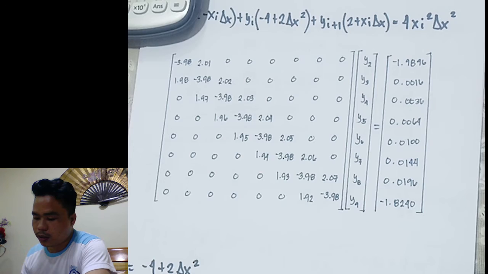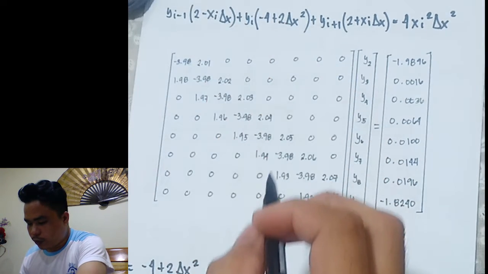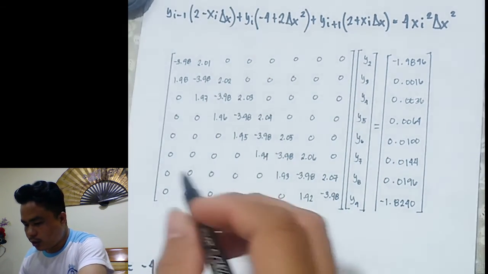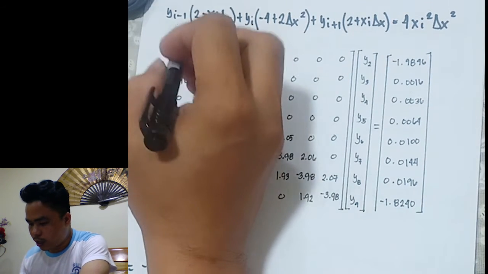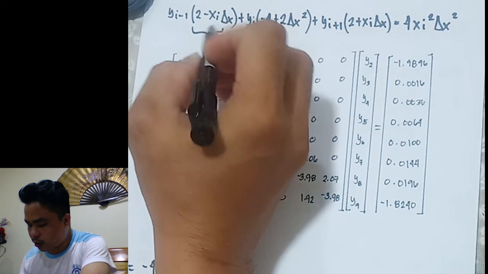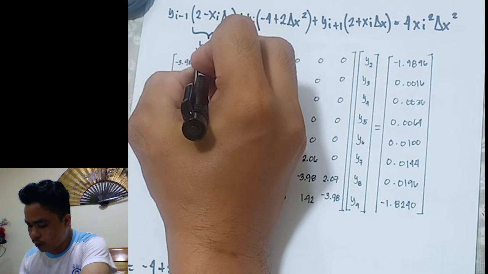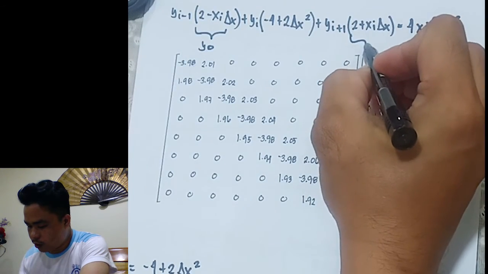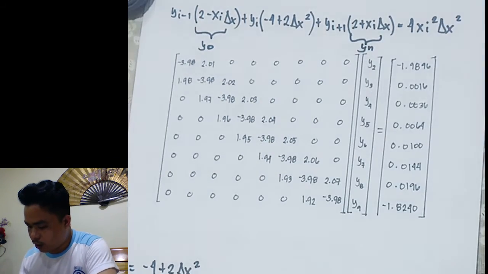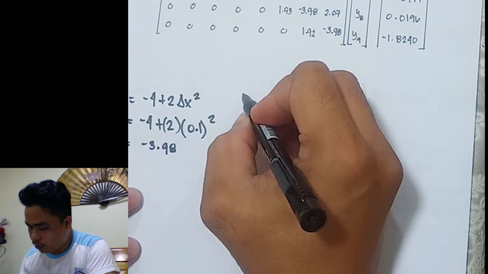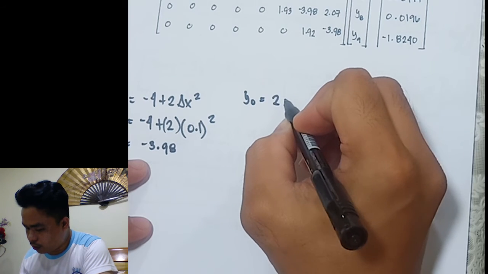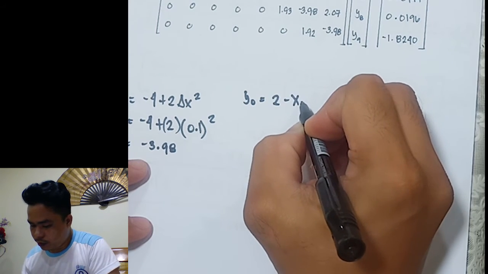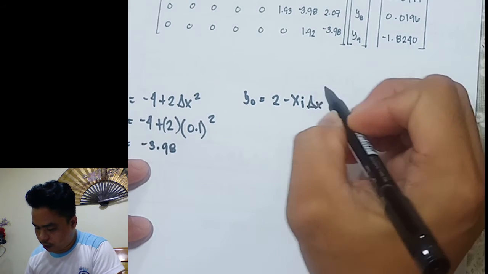To get the first coefficient, here is y naught, and here is yn. y naught is equal to 2 minus xi delta x.